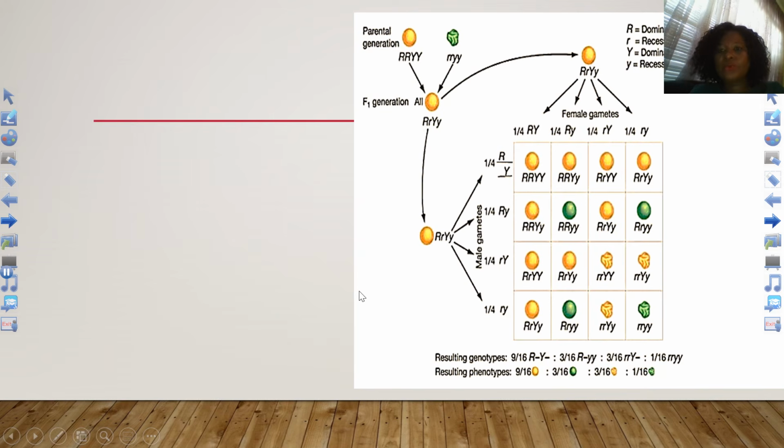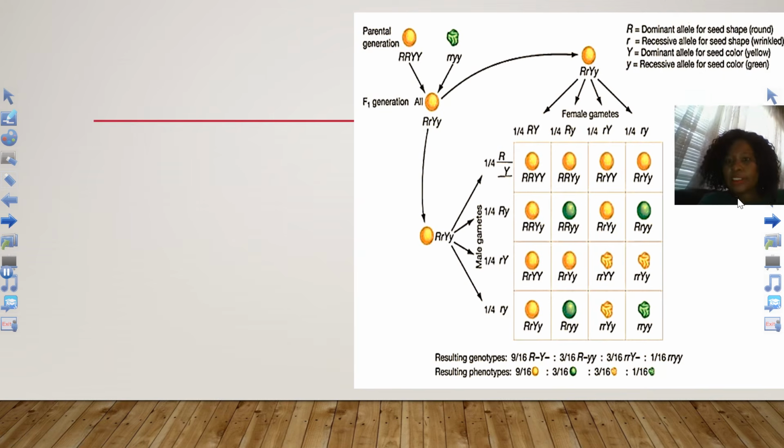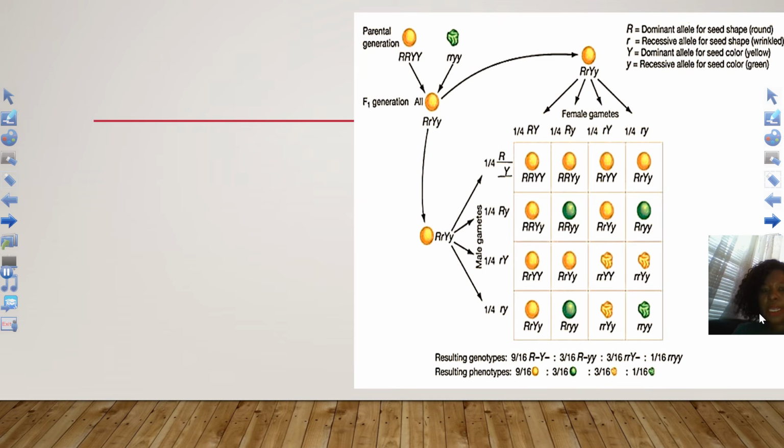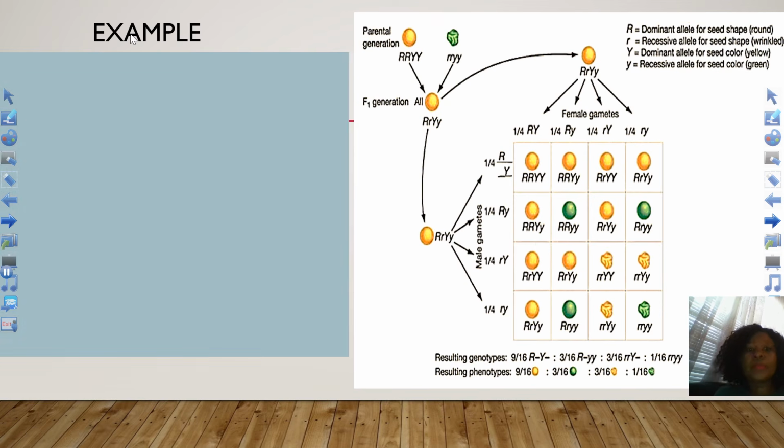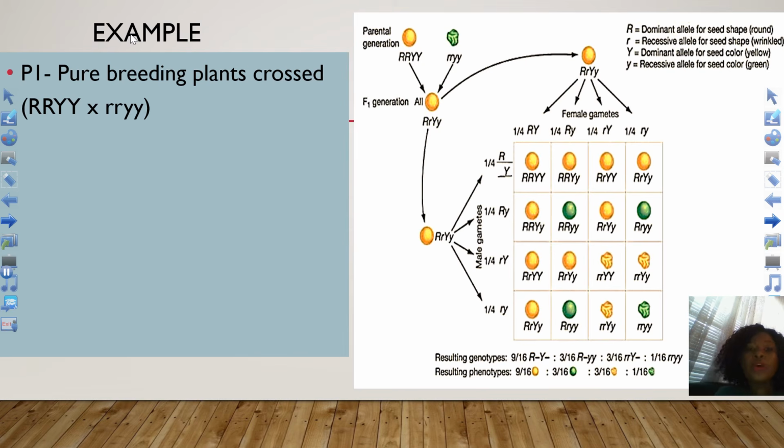We are going to see that if we look at this example here again, where we are crossing the round and yellow seeds with the wrinkled and green seeds. So let's follow what Mendel did when he was doing this cross.